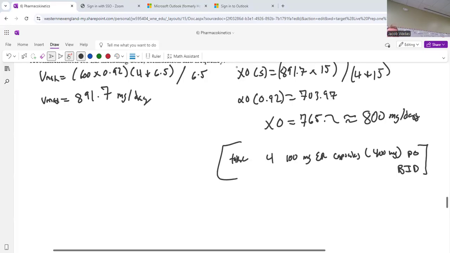So you can break up the dose however you want. I would just keep it as simple as you can to make less room for error. Could you do 760?